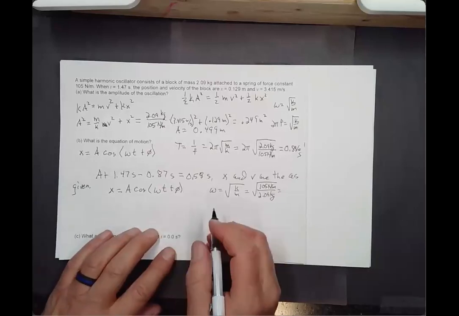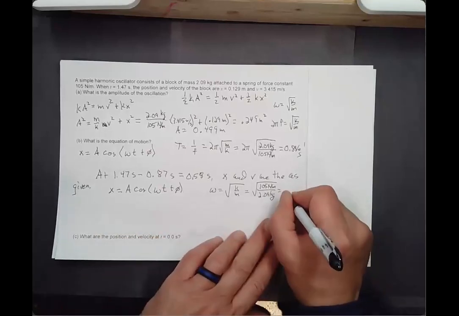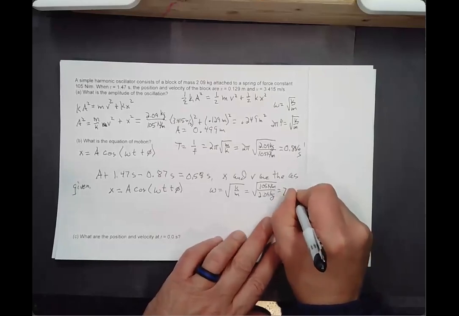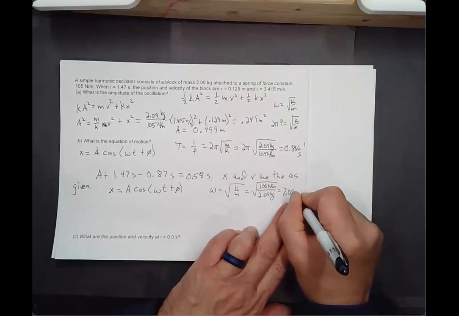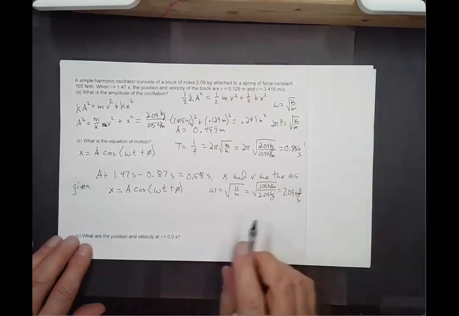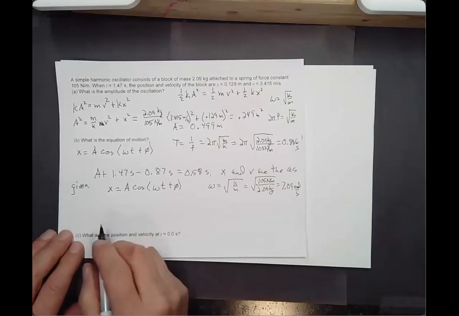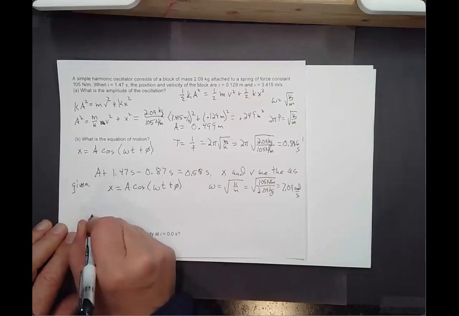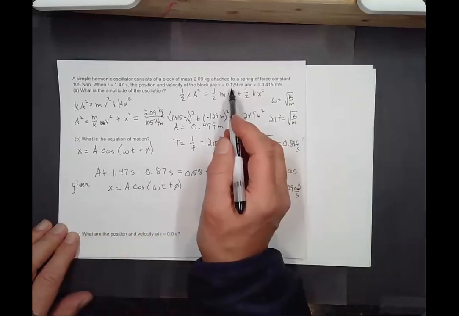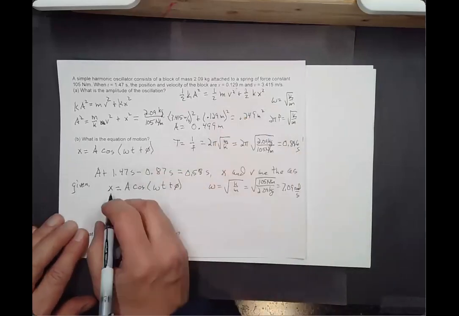Okay, for omega, I get 7.09, and that is radians per second, or just seconds to the minus one. So that's omega. So our equation of motion at that time, we know that x is 0.129 meters.